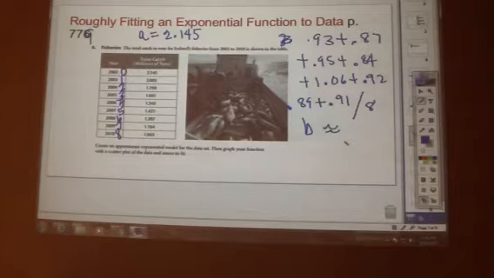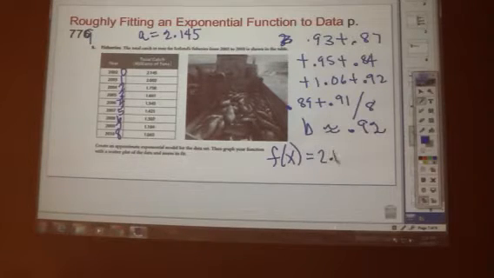So what does B equal? I got 0.92. I think that's right. 0.92. So this is the way that Celia would write her equation.